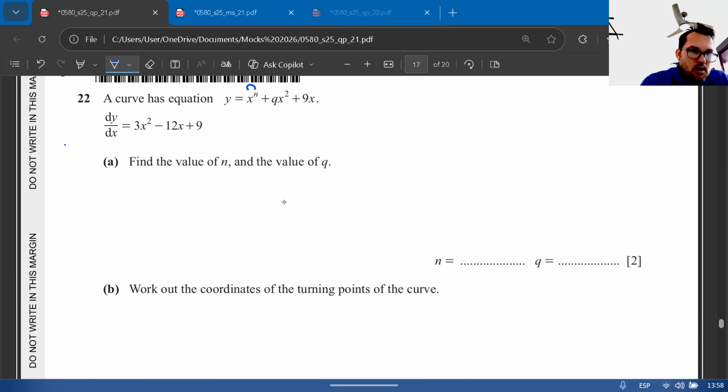So if this is a 2, then n must be 1 more. n must be 3. That means the equation of this line is y equals something x to the 3. 3 times what gives us that? So that is 3, that must be 1. 3 times 1 is 3. Subtract 1 there, that's 2. That's why n is 3.